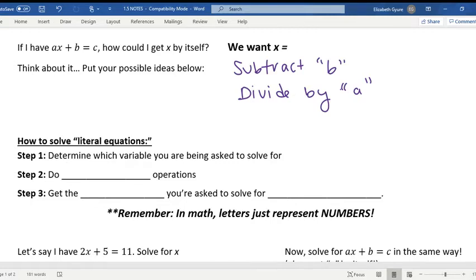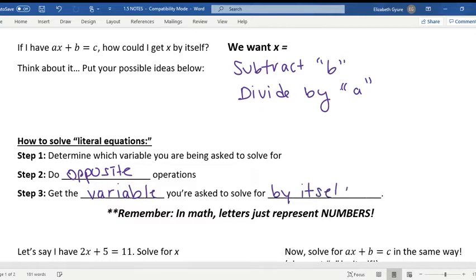So what we're going to do is determine which variable you're being asked to solve for. So do you want to get x by itself? Do you want to get y by itself? Do you want to get z by itself, right? You have to see what the question's asking you. Then you're going to still do your opposite operations, and then you're going to get the variable you're asked to solve for by itself.